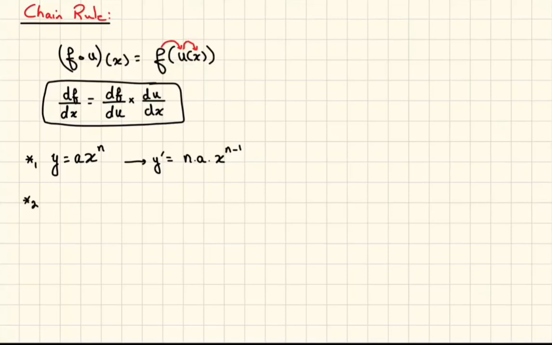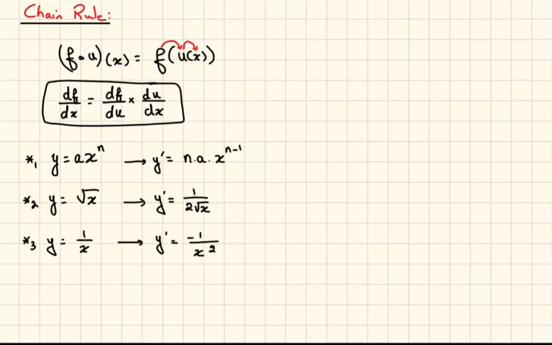The other rule, as I said before, it's better to memorize. I proved it in the other video. The derivative of radical x is 1 over 2 radical x. And if we have 1 over x, its derivative is minus 1 over x squared.